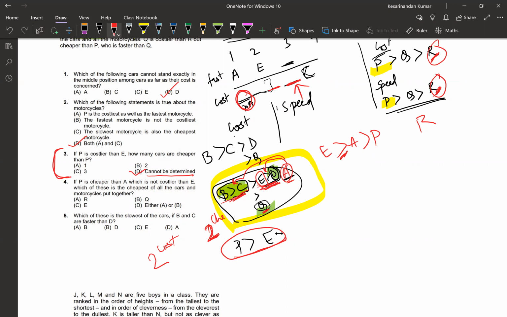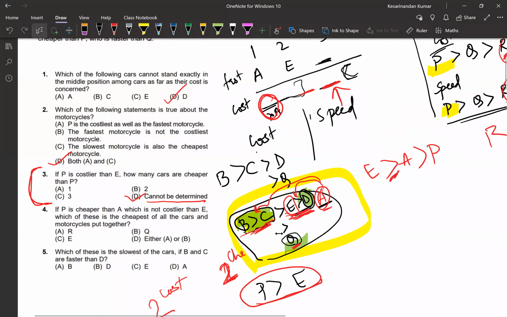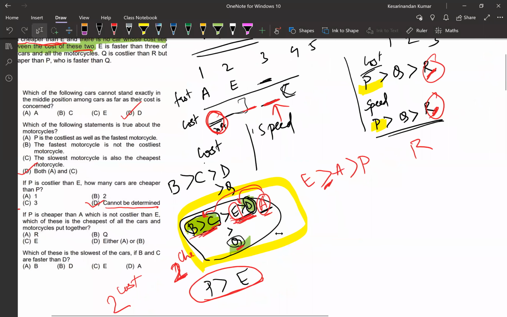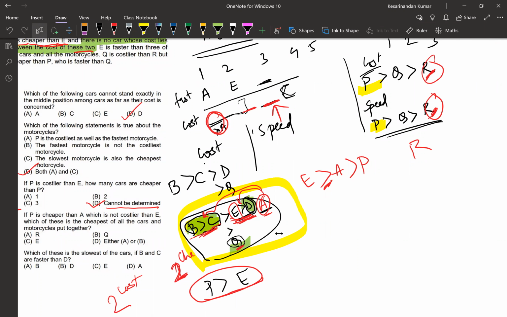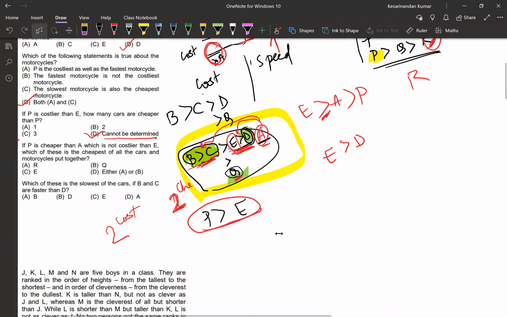And from this question, what we know is A is not costlier than E. So between E and D, since there is no car and E is costlier than A, it definitely needs to be the cheaper one. Yes, Kesari, got it.